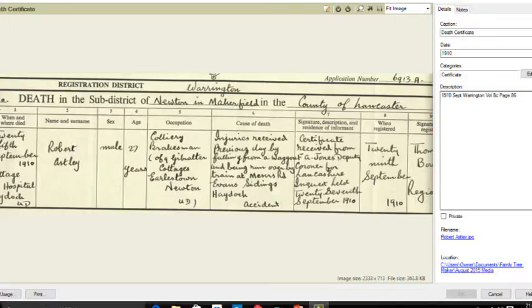So he wasn't a railway worker, he was a mine worker working on the colliery's railway, and he fell from one of the trucks and fell under the wheels of the train, and suffered such serious injuries to his arm that a doctor was obliged to amputate his arm.